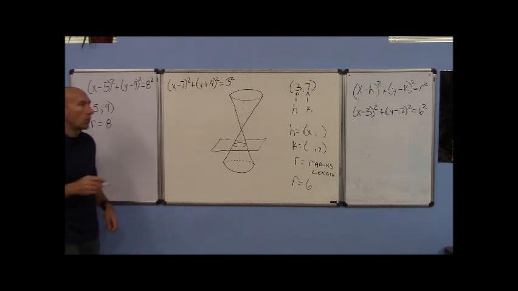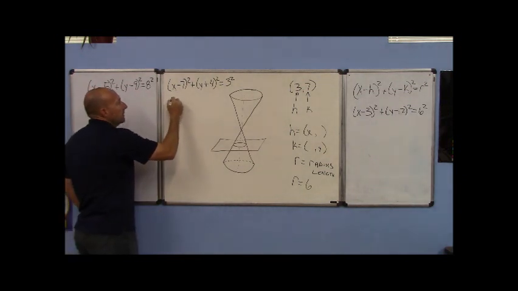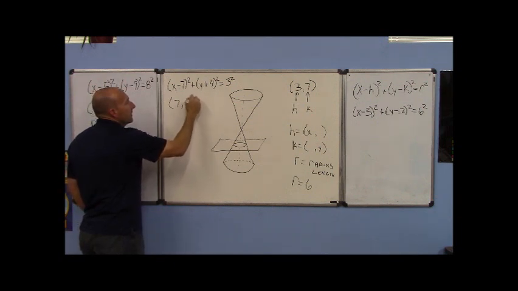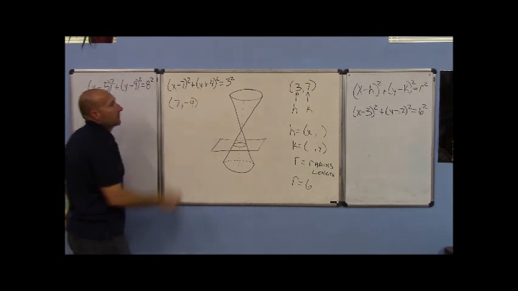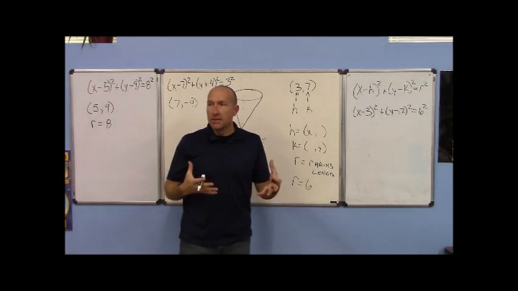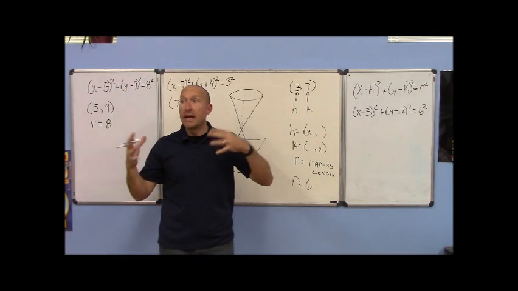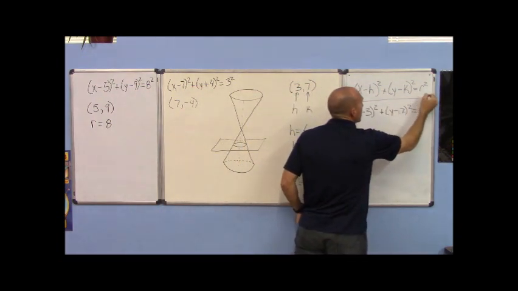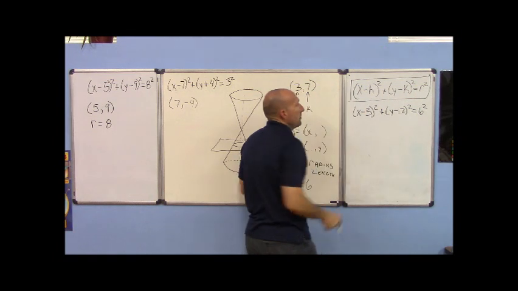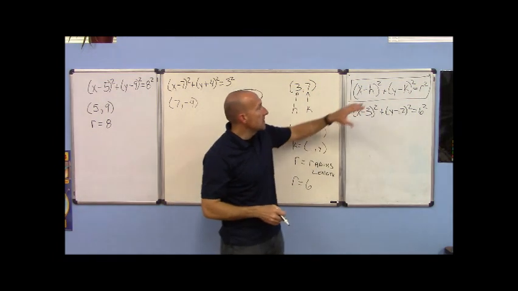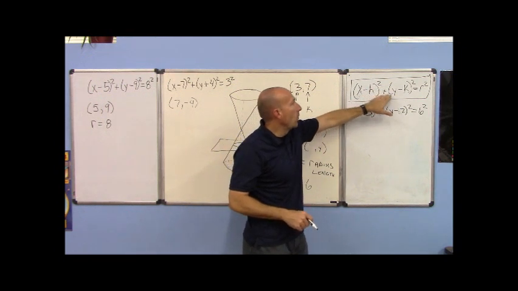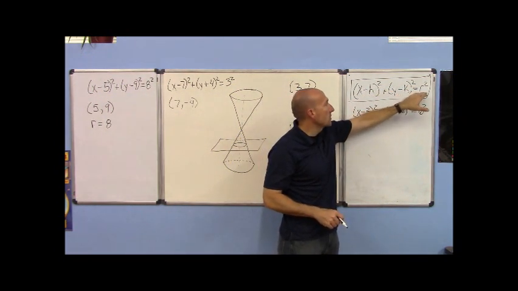Alright, so what do we have for our coordinate point? 7 and what? Negative 4. Ooh, negative 4. Very, very good. Because of that right there. Now, I didn't explain this before because I wanted to see if people were paying attention to patterns. Our standard equation is (x minus h) squared plus (y minus k) squared equals r squared.